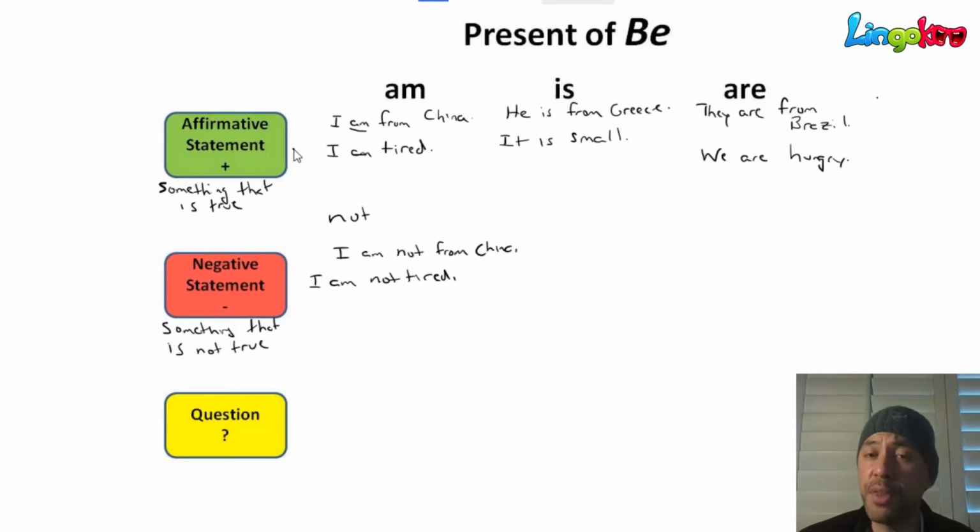So if the present of be is the is form, then I will say, same thing. He is not from Greece. Or it is not small. Again, the not comes after the be verb, right?